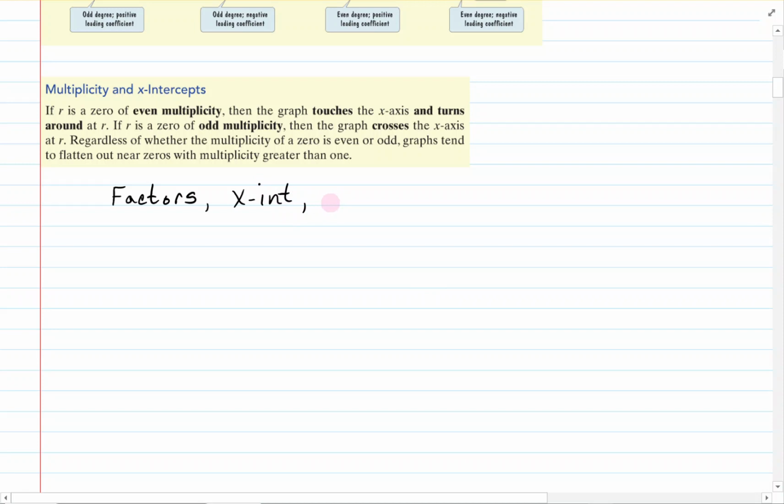These are also called the roots of the polynomial, and they are also called the zeros. I guess I could make all of these plural; they might be singular, they might be plural. We might talk about them when they're part of the function as factors, but graphically these are the x-intercepts, the roots, the zeros.